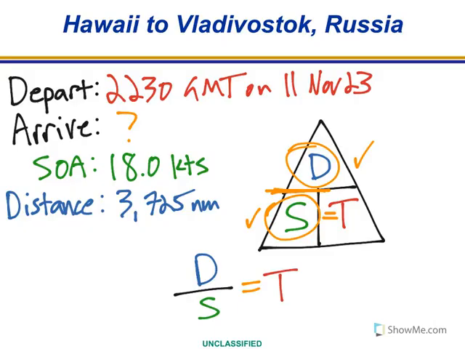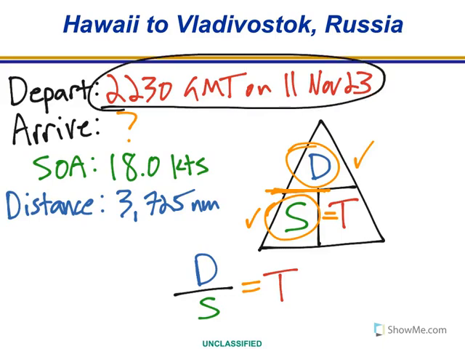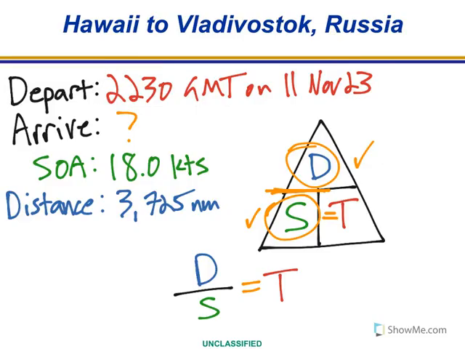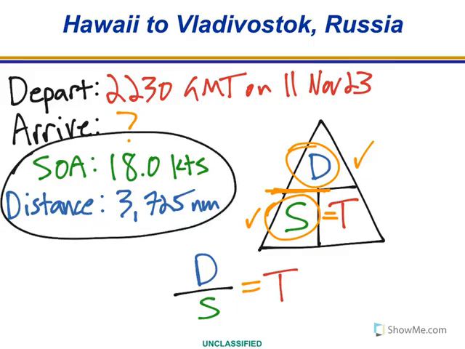There are many different ways to do an ETA problem. As you saw from our earlier video, we decided that our first step was going to be to take our departure time and convert it into GMT, which we did. The next step would be to calculate the time, speed, distance based off of our speed and the distance that we need to go. That's the second step.